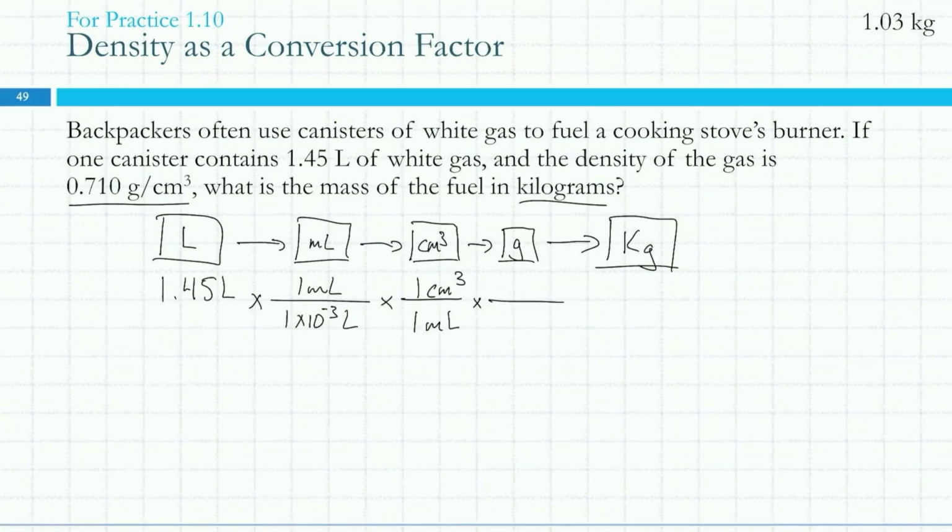But we do need it to convert the units. And then now we can use density. So we want units of grams, so 0.710 grams per 1 centimeter cubed. And then from grams to 1 kilogram, 1 times 10 to the 3 grams.